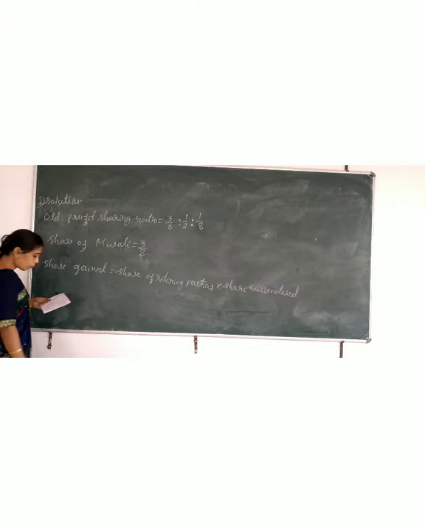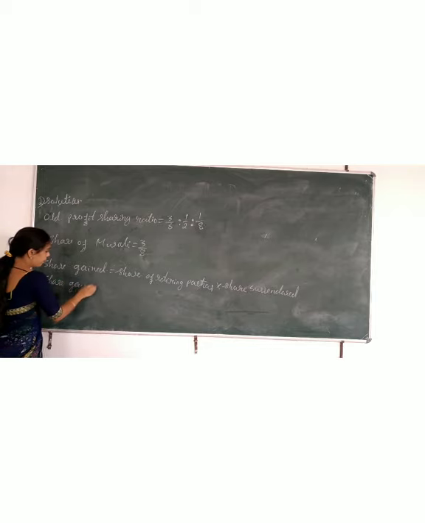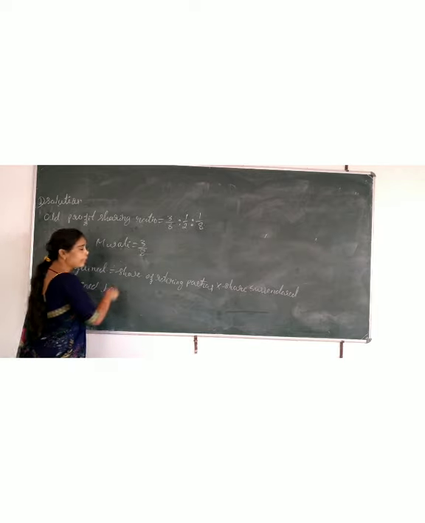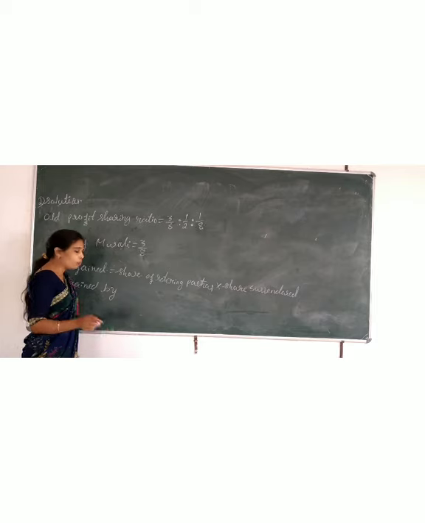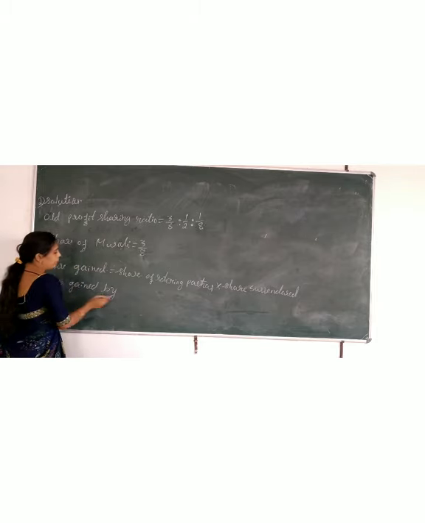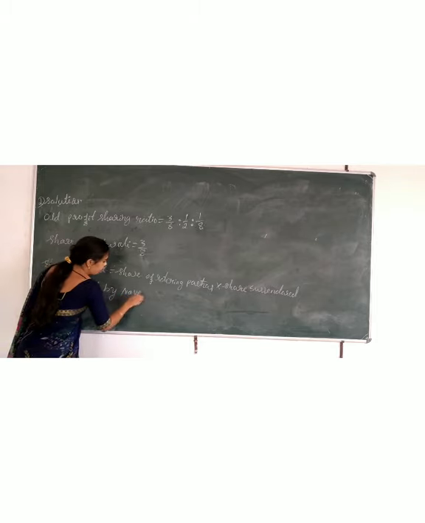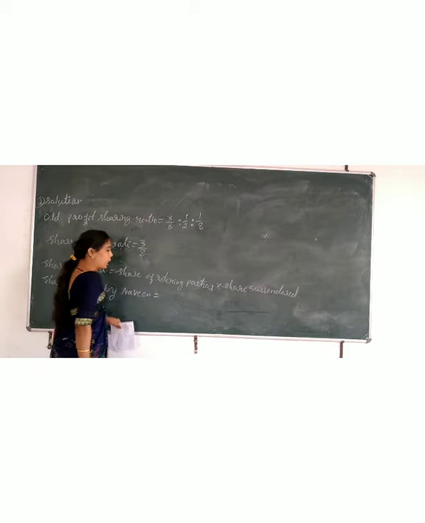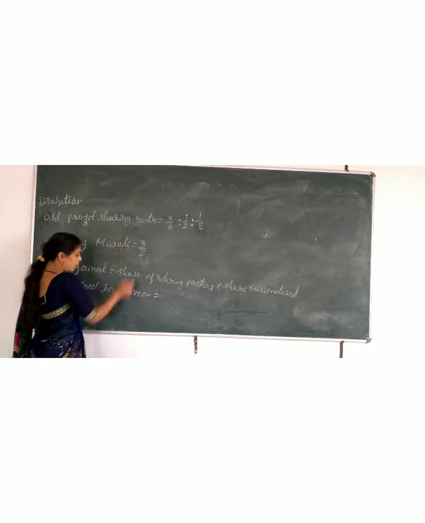Now, share gained by the continuing partners. Continuing partners means Murali retired, remaining partners Naveen and Om Prakash. So first we will calculate share gained by Naveen, which is equal to share of retiring partner. Retiring partner share is 3/8, isn't it?